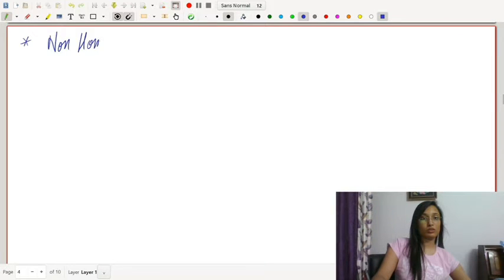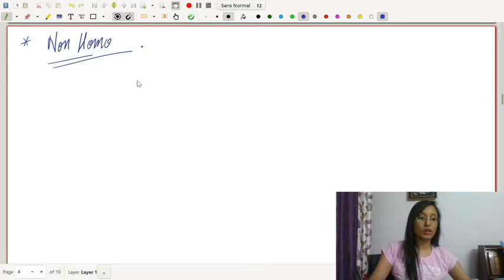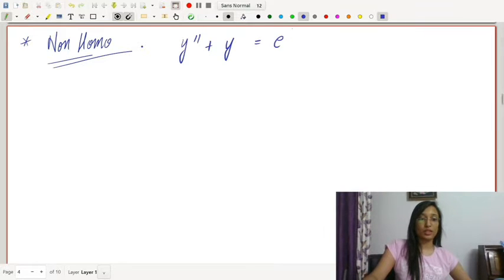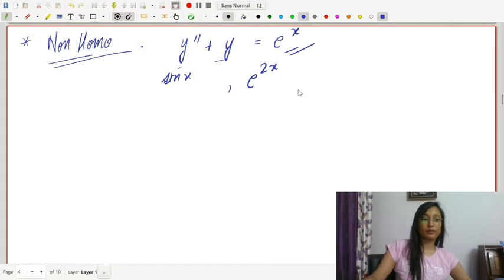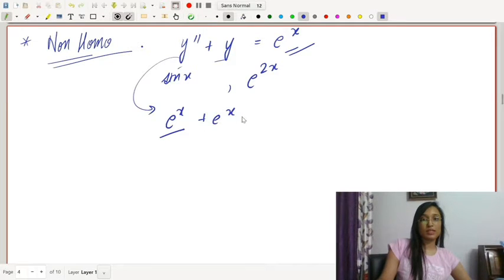Non-homogeneous linear differential equations. अब y double dash plus y is equal to e^x. इसमें से y sin x तो हो नहीं सकता क्योंकि वो e^x की फॉर्म में नहीं होगा. सिमिलरली e raised to power 2x या उसका कोई ऐसे c e^x की फॉर्म में नहीं हो सकता क्योंकि यहाँ पे e^x आना चाहिए हमारे पास. और अगर e^x होगा तो it would be e^x plus e^x, which is 2e^x.